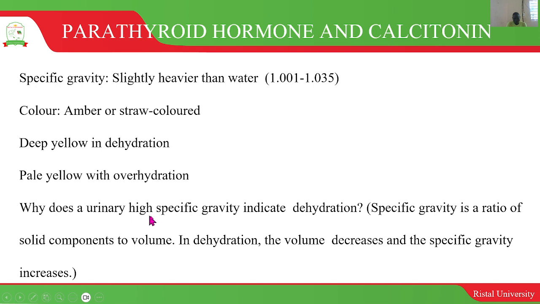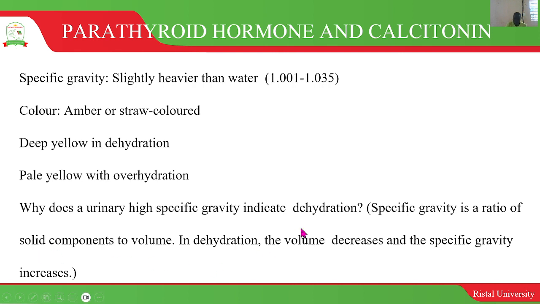So why does a high urinary specific gravity indicate dehydration? The specific gravity is a ratio of the solid components in the urine to the volume. So it will tell us your status of hydration. Are you dehydrated, or are you within the normal, or are you overhydrated?